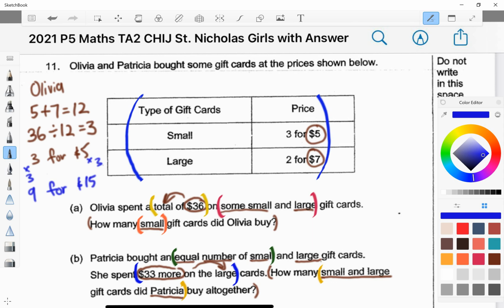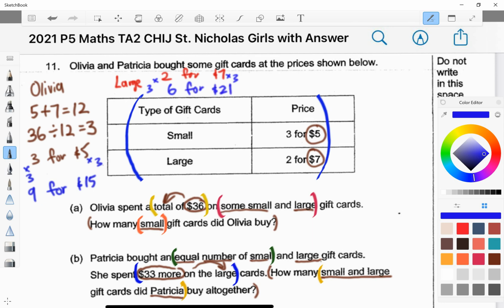So if they actually ask us for Olivia, how many large did she buy? The large would definitely be, as it costs 2 for $7, and if Olivia bought 3 sets of the large as well, Olivia would have bought 6 large for $21.